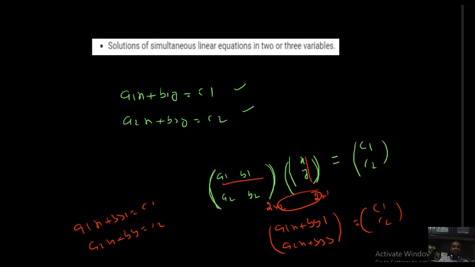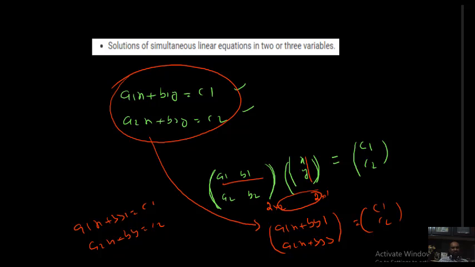What is the meaning of that? These two linear equations can be written in matrix form. If you multiply these two and equate with this matrix, the same linear equations are obtained.